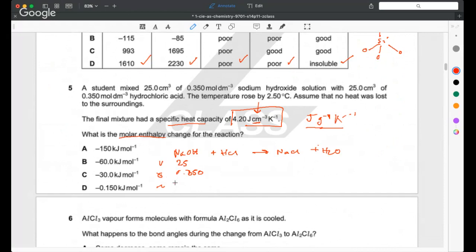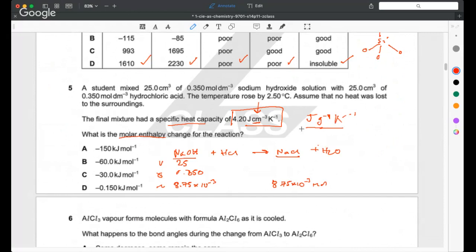If you do that calculation, you end up with 8.75 times 10 to the minus 3 moles. And you've got a stoichiometric relationship here, 1, 1, 1, 1. All the coefficients are 1, they're implicit, they're not written. And so the number of moles of sodium chloride formed is exactly the same. It's 8.75 times 10 to the minus 3 moles.